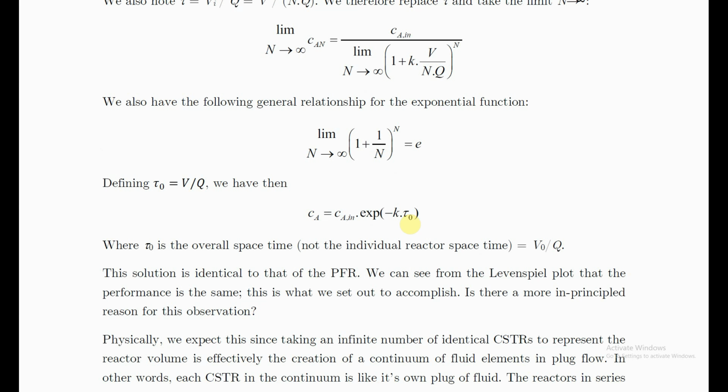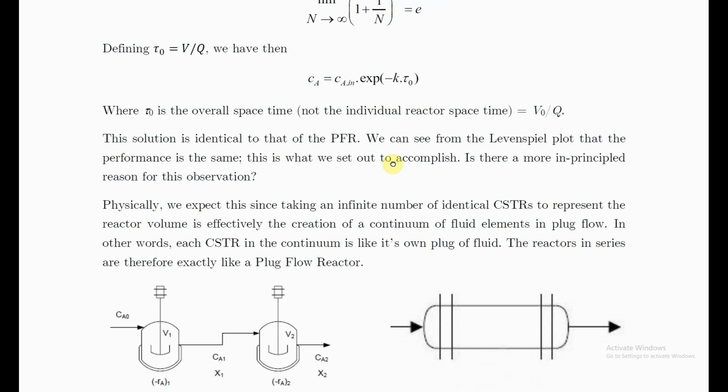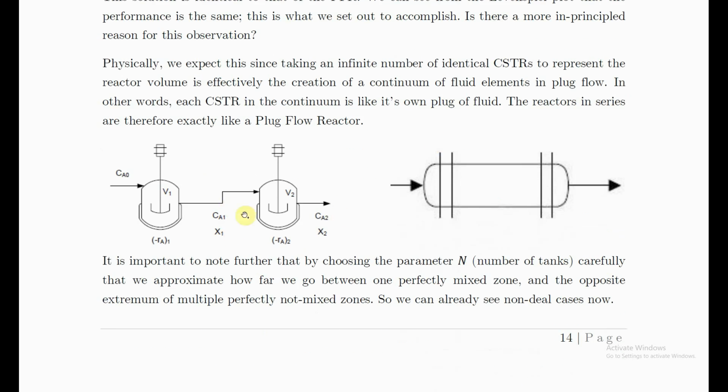So what's going on here? Why is it that as we add more CSTRs in series, we seem to be getting closer to PFR behavior? If you go back to the concept and look at the pictures here, as we add more CSTRs in series, you are in effect creating a plug flow reactor.